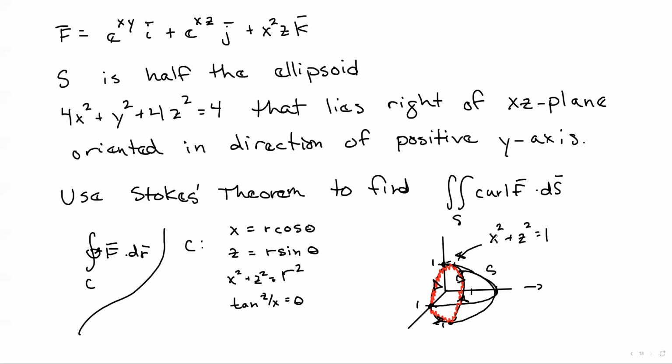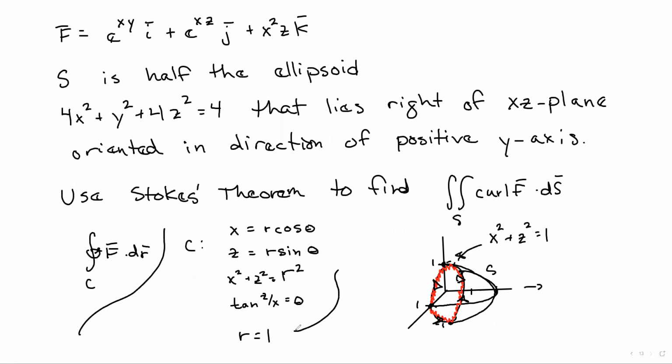By comparing the two equations and seeing that the right side is r squared for one and 1 for the other, we can say that r equals 1. Sorry about that.